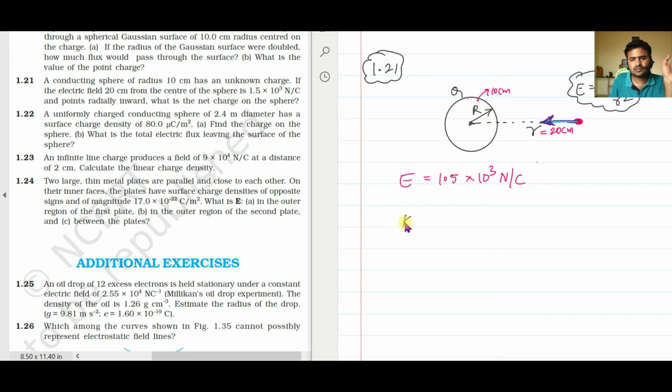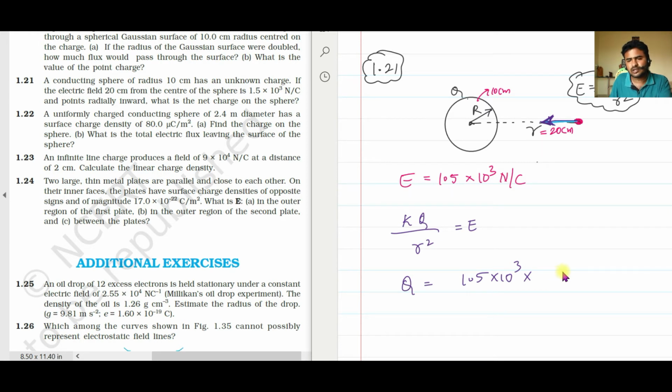Now directly I can use kq by r square equal to electrical field. So the charge q is going to be electrical field, which is 1.5 into 10 to the power of 3, into r square, divided by k. The distance where the electrical field is 1.5 into 10 to the power of 3 Newton per coulomb is 20 centimeter, so the distance r that I'm going to take here is 20 centimeter, which is 20 into 10 to the power of minus 2, which is 0.2 meters.